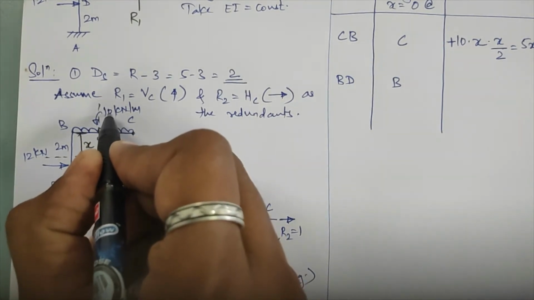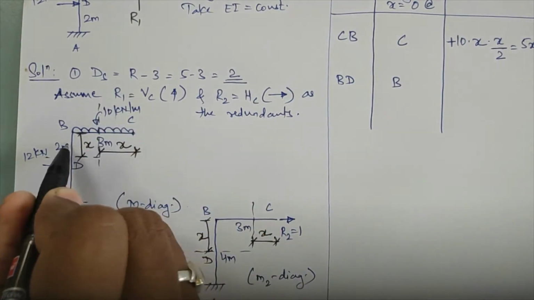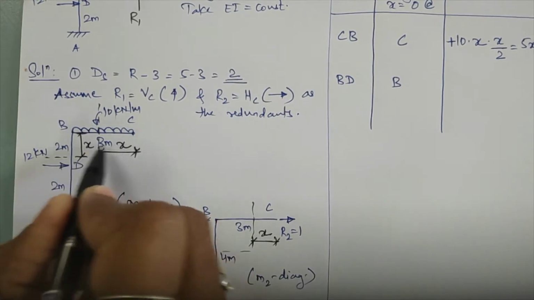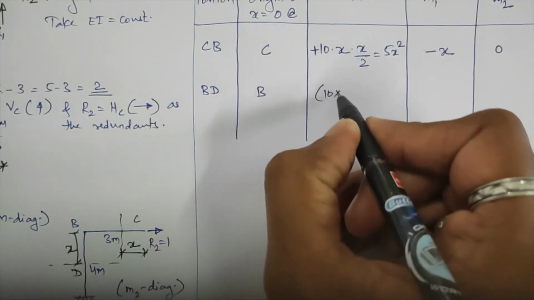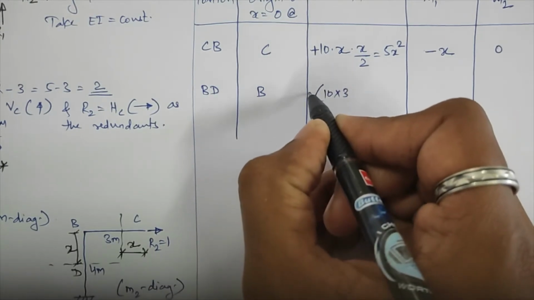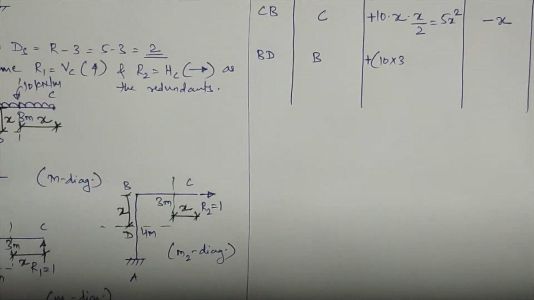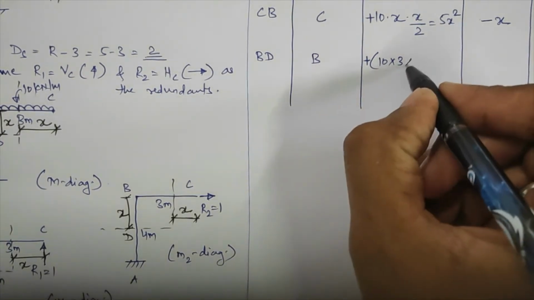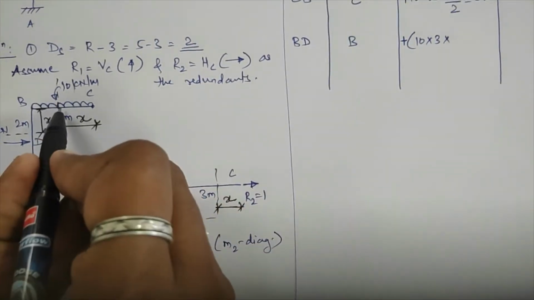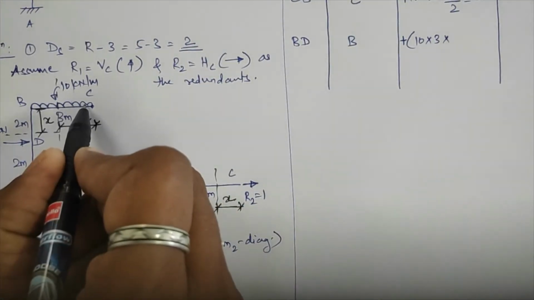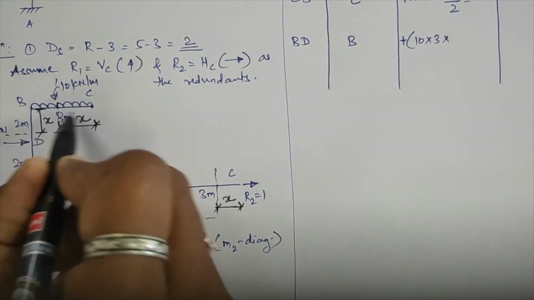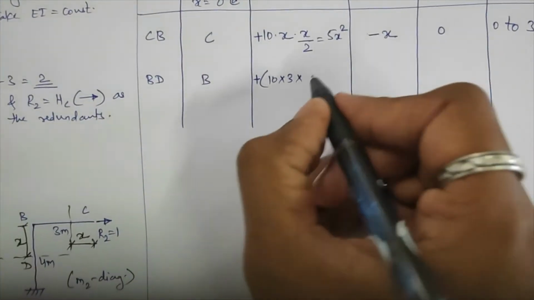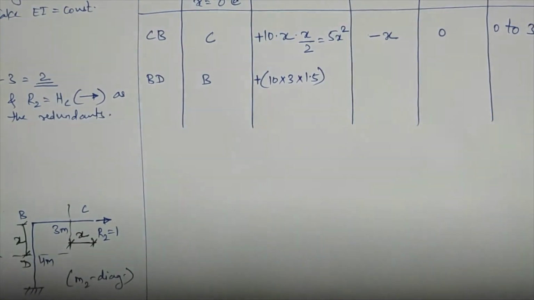That comes as intensity of UDL multiplied by its acting length, that is the total length of this UDL, 10 into 3. That moment will again be clockwise, so it will come positive, multiplied by its lever arm, that is the perpendicular distance of this 10 into 3, which will be at half of this 3, so that comes equal to 1.5 directly.